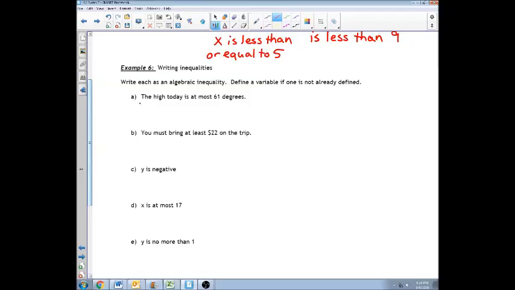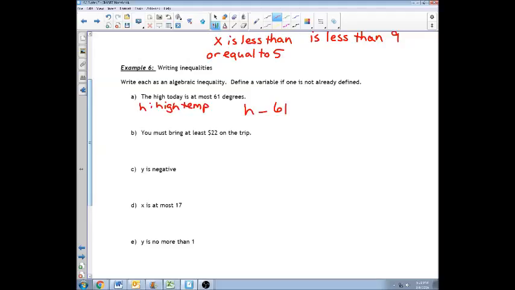So I'm going to use H to represent the high temp. Okay? If it says is at most, that means that the maximum that the temperature can be is 61 degrees. So that means that my high temperature can be 61 degrees, so it'll be something or equal to.